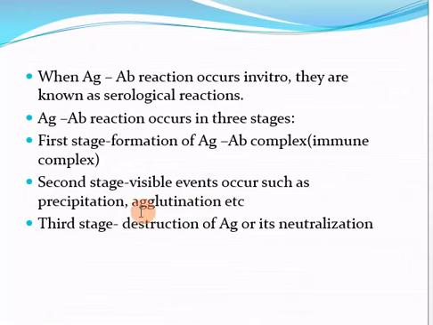That is the second stage where you will see that this substance undergoes a reaction. In the third stage, you will see the AG and its counter antibody, the two of them, get totally destroyed.